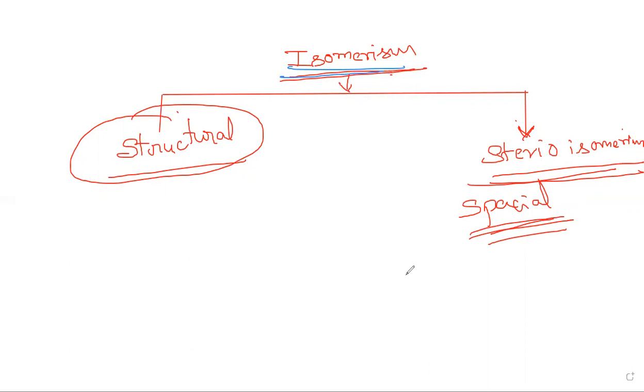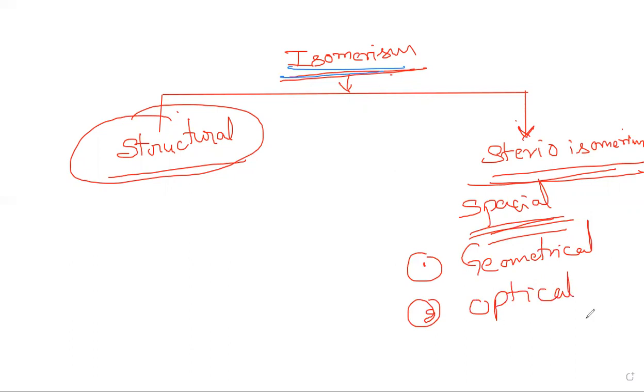Stereoisomerism is divided into two types. The first one is geometrical isomerism. The second one is optical isomerism. We need to study geometrical isomerism in detail in this chapter.